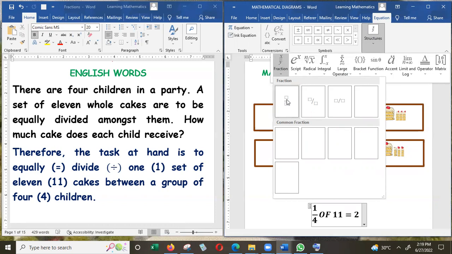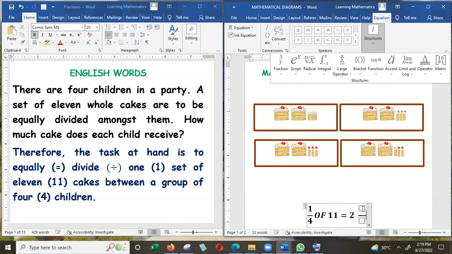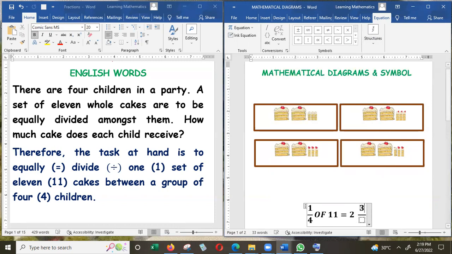A quarter of 11 is 2 and 3 quarters. Okay. The word of is very important in fraction language, and the symbol for of is times, the multiplication. So a quarter times 11 is 2 and 3 quarters.